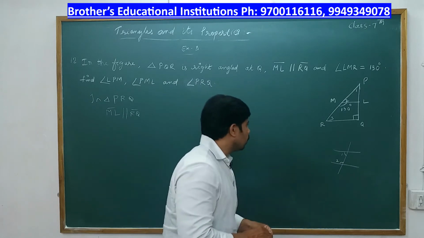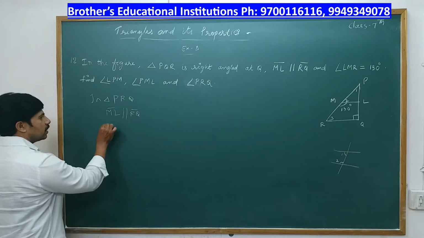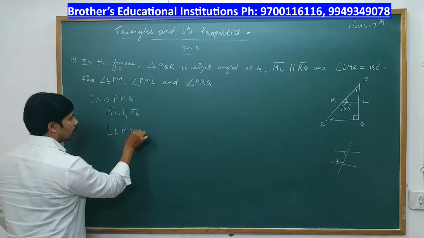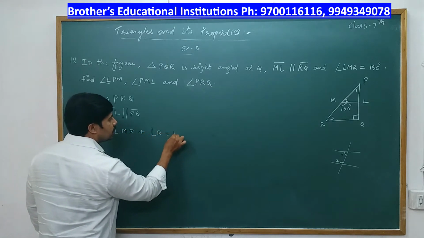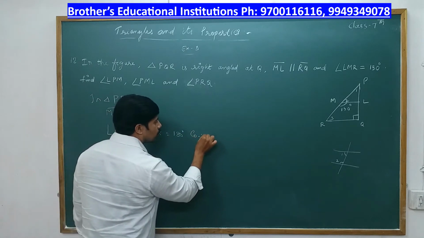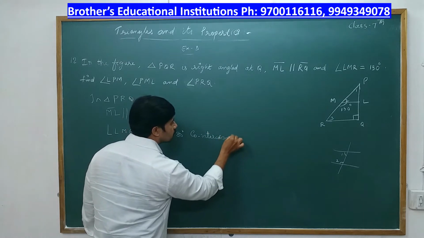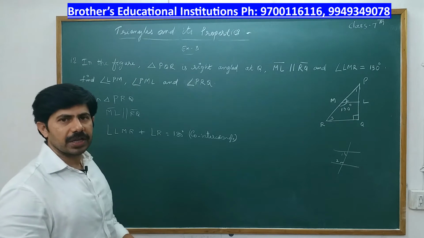So now we can find out angle 3. So how to find angle 3? Angle LMR plus angle R is equal to 180 degrees. You can mention the reason as co-interior angles. The sum of the angles on the same side of a transversal is 180.